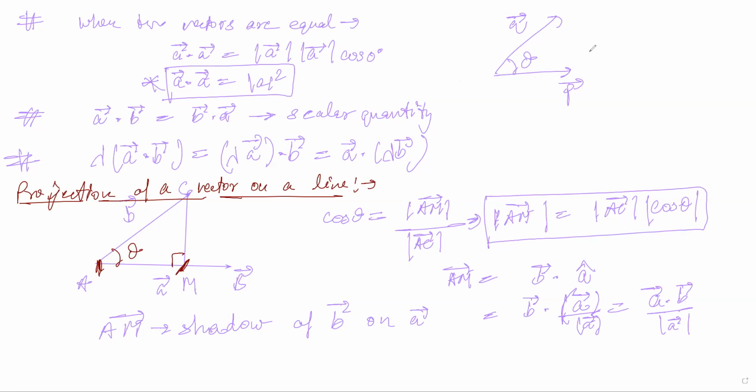And in case of perpendicular vectors, the angle would be 90. So cos 90 would be 0. So perpendicular vectors will have projection 0. Perpendicular also means that the vectors will have no shadow. If the object is standing perpendicular, the shadow will be just behind it. You wouldn't be able to see it.